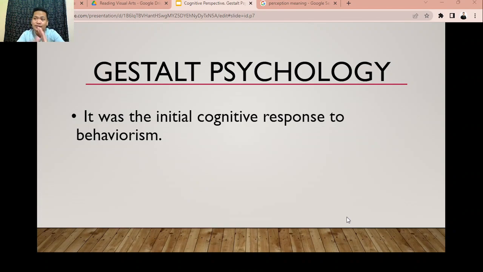So we see here the development of different theories in pursuit of understanding how learning happens, and how we could help learners learn best. So we have now Gestalt psychology, which is a cognitive theory.